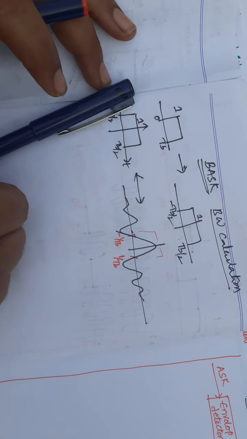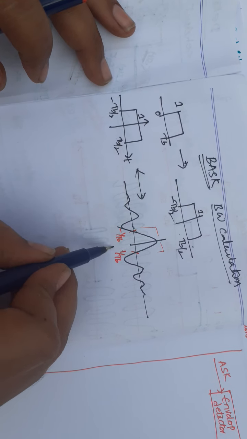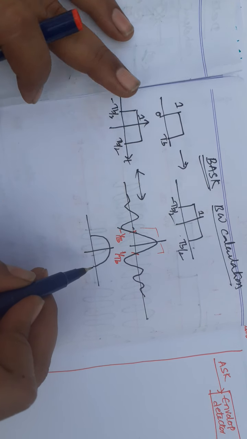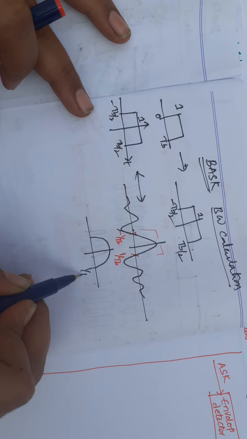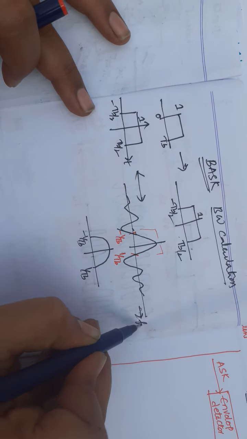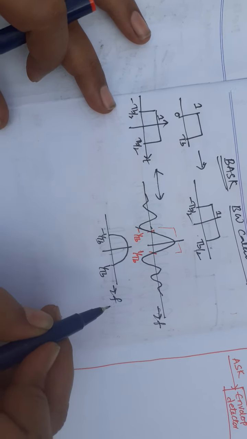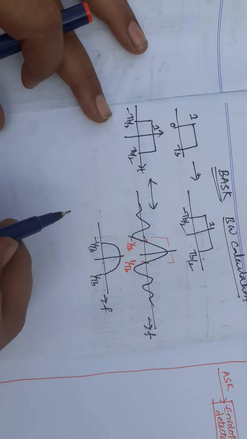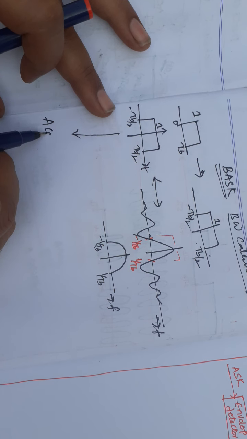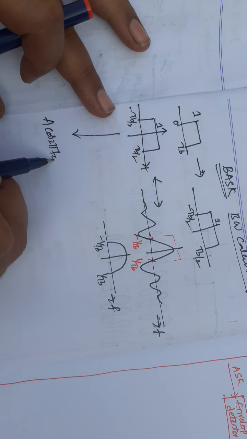So that I am writing here simply, this is the Fourier transform of this one. It is 1 by TB, minus 1 by TB, frequency F, right? Now this one is multiplied with the carrier signal A cos 2 pi fct.